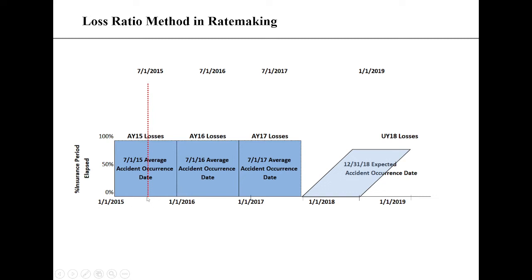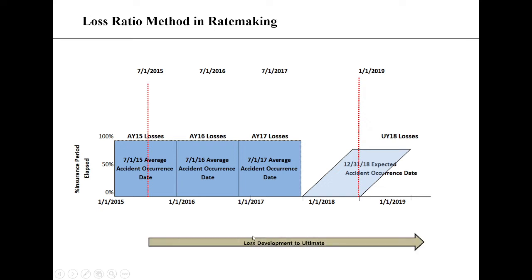That is the average accident date for accident year 2015. And this is the due premium rate will be effective January 1st, 2018. And as I already explained, this is the future average accident date.